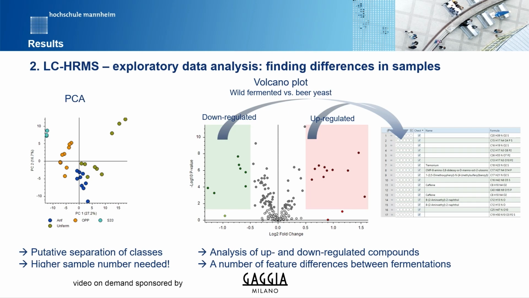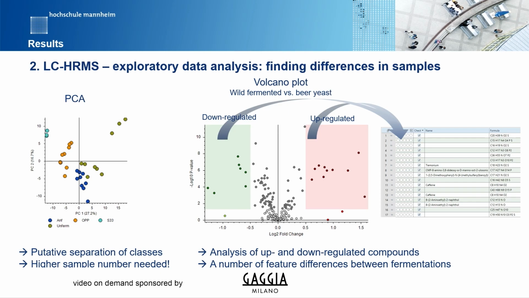And what we are doing here is we are comparing two fermentations, one without addition of a microorganism and one with the addition of a yeast, and then have a look in which compounds are specifically found in a higher amount in the wild fermented coffee in comparison to the compounds that were found in the specific yeast fermented coffee.